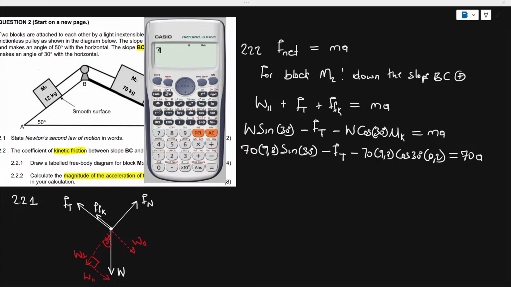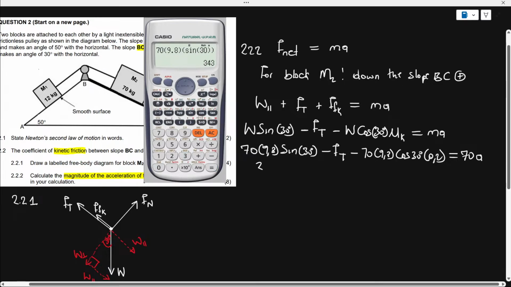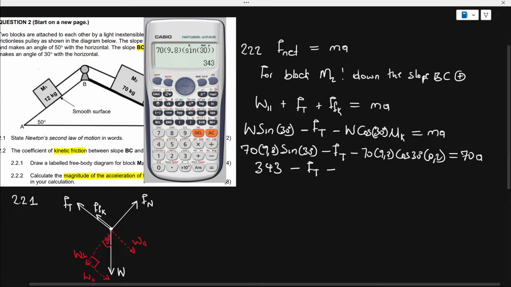Okay, so we've got 70 multiplied by 9,8 multiplied by sine of 30. So this is equal to 343. And then minus Ft. And now let's work out that term.